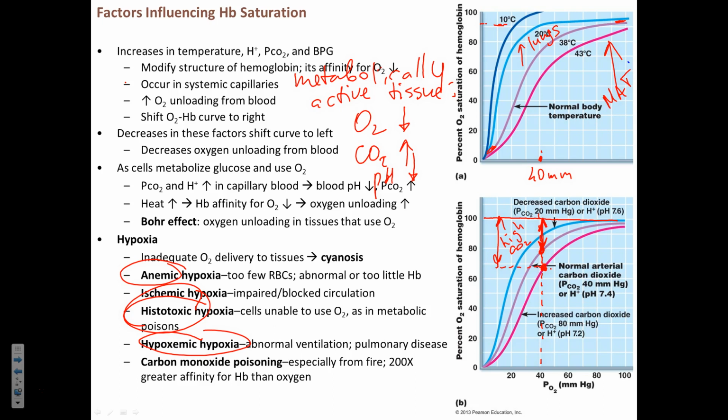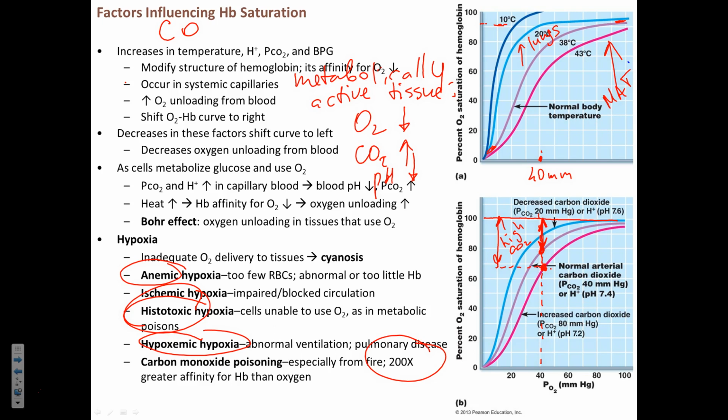What happens during carbon monoxide poisoning? Carbon monoxide, CO, can bind to the same place in hemoglobin that oxygen binds to. The main problem is that it binds 200 times better. Does that make sense?